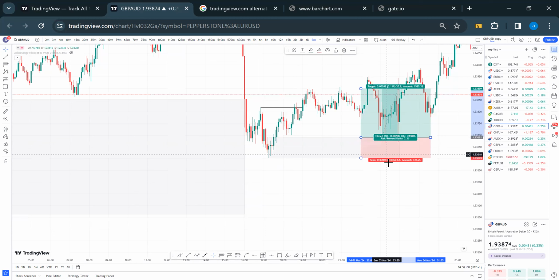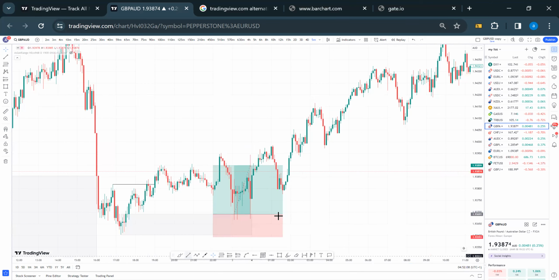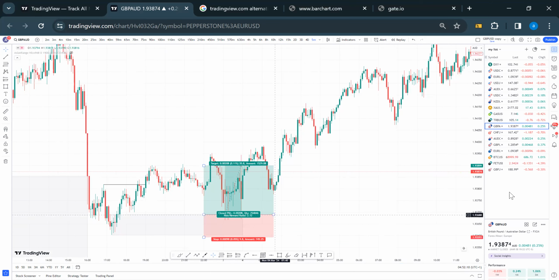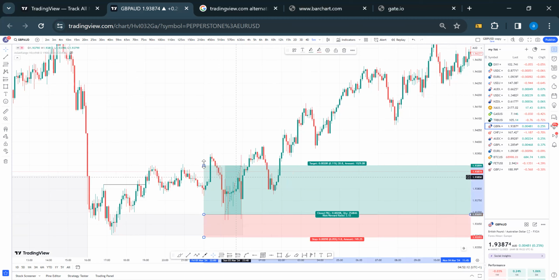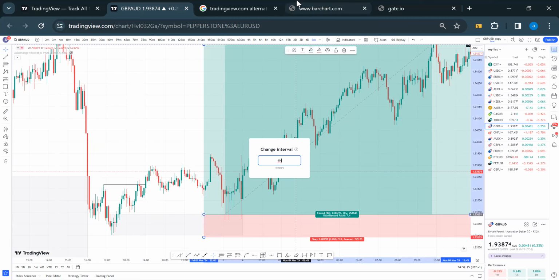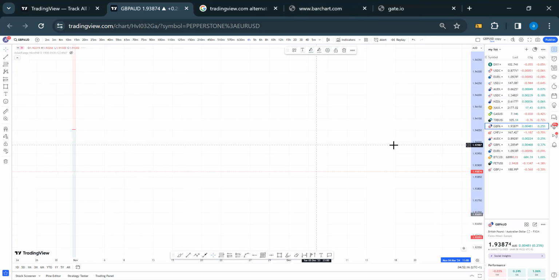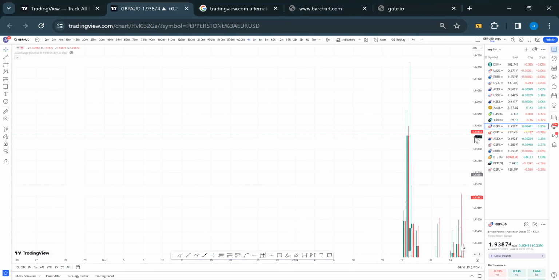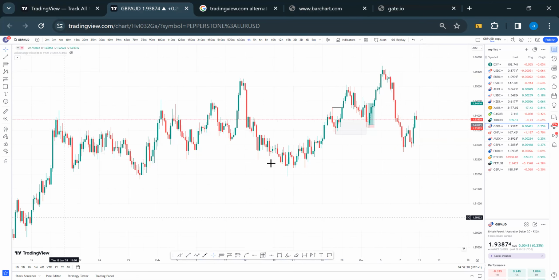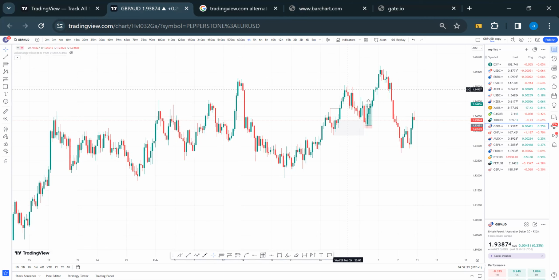So that's 8.8. We give you 1 pip allowance, so it's going to be 9.8. Yeah, that's going to be our SL. Then we're going to target this high right here.